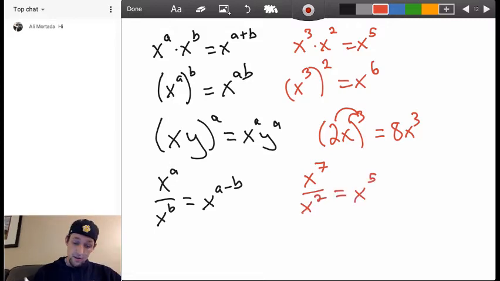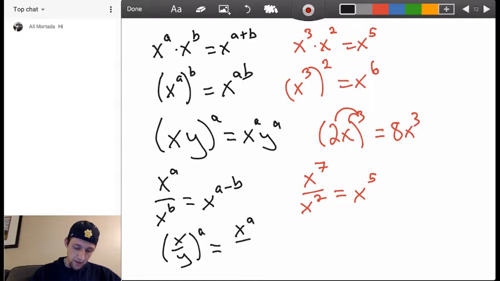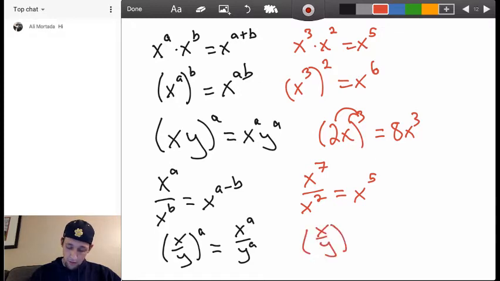And finally, you can distribute exponents over division as well. So multiplication and division are totally safe for distributing your exponents. An example of that would be x over y to the third would get you x to the third over y to the third.